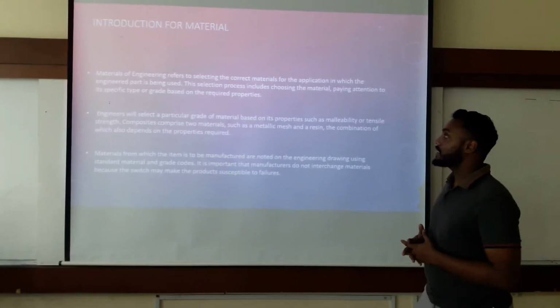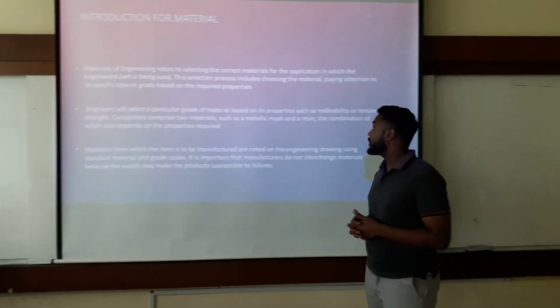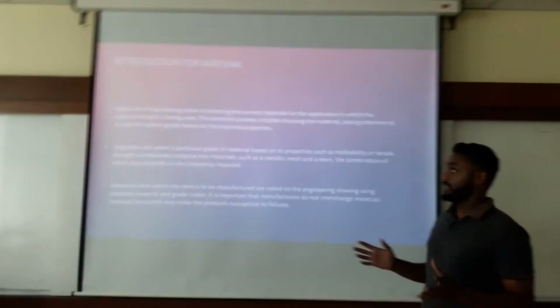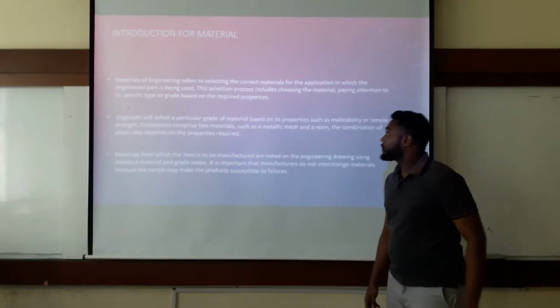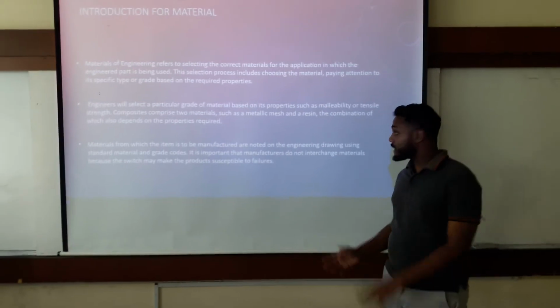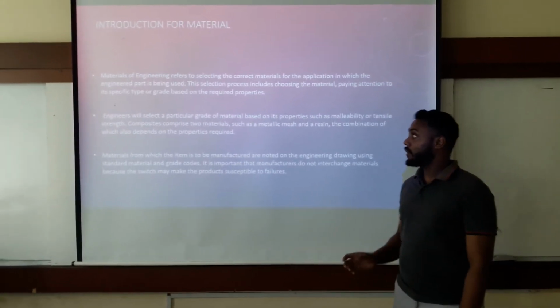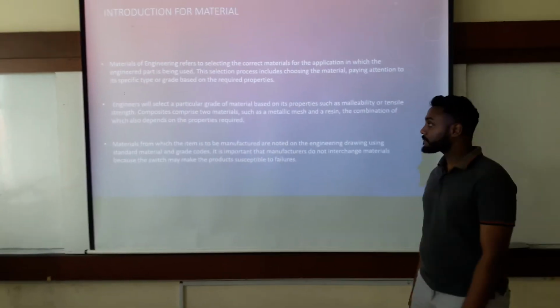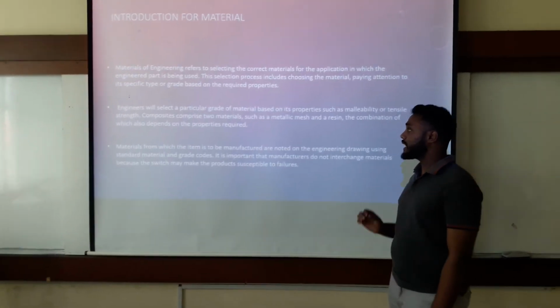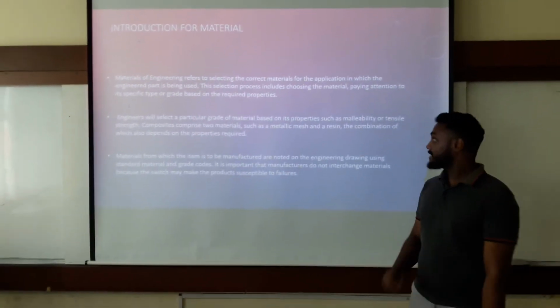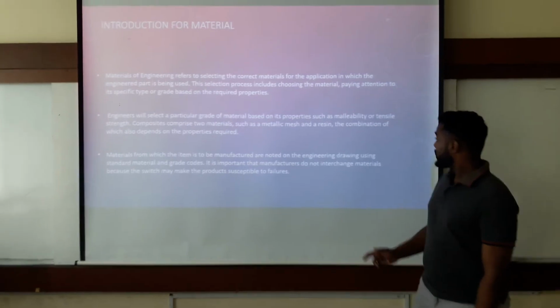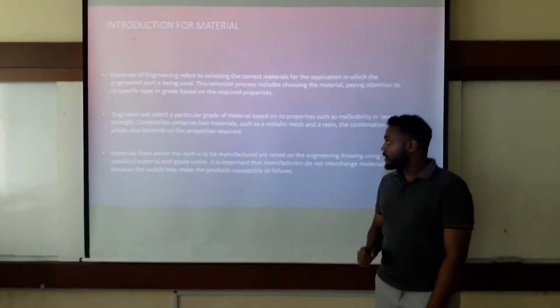Materials engineering refers to selecting the correct materials for the application in which the engineered part is being used. This selection process includes choosing the material, paying attention to its specific type or grade based on the required properties. Engineers will select a particular grade of material based on properties such as malleability or tensile strength.